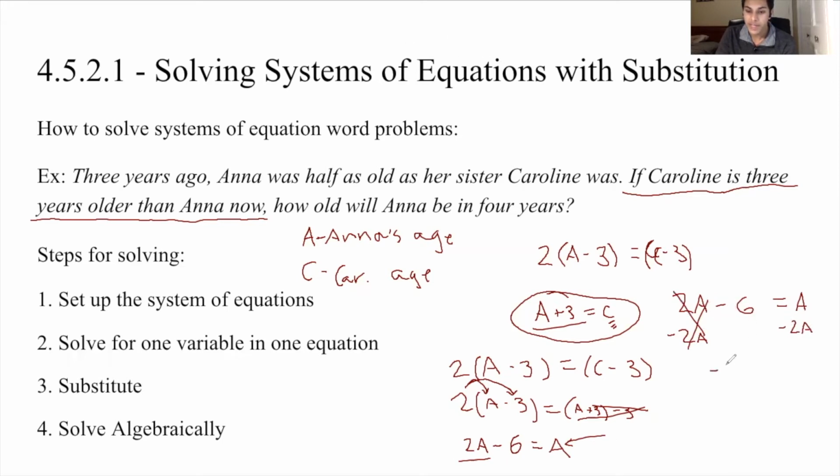So you have negative 6 equals A minus 2A, or negative A. Finally, we have negative 6 equals negative A. So therefore, we can cancel out the negatives and say A equals 6. And then the question reads, how old will Anna be in 4 years? If Anna is 6 now, then 6 plus 4 equals 10. Anna will be 10 in 4 years.